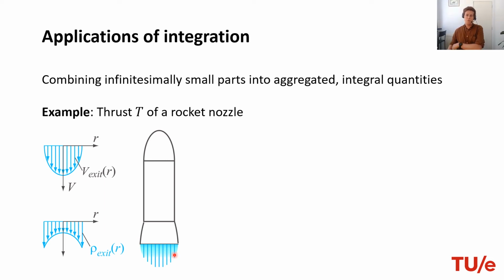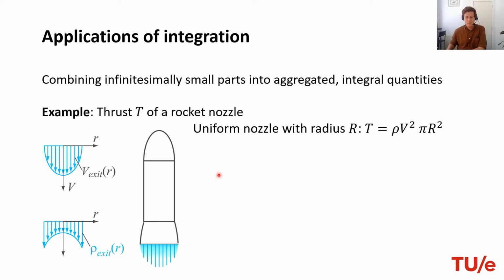Then Newton's third law dictates that whatever you expel from the bottom is related to the acceleration that you get towards the top. That's the mechanism of how it works.